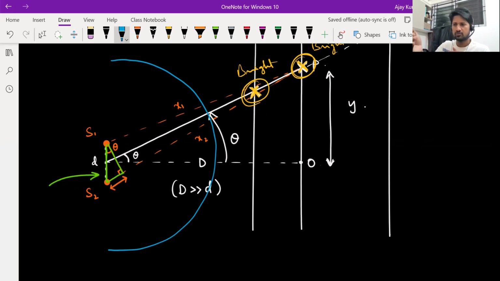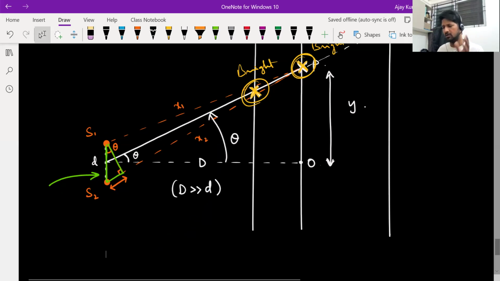From one source, one point on the screen may be closer, another point will be farther. It's not like a flat screen. So that y coordinate formula won't work for a curved screen like this. The theta formula will always work. So you need to know how to derive the angular position of any point where a particular type of interference happens, where a particular path difference arises.